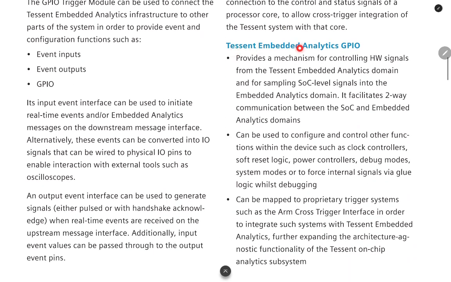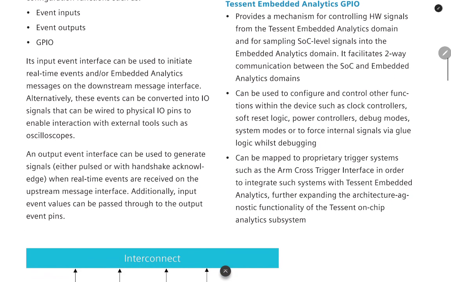The Tessent embedded analytics GPIO provides a mechanism for controlling hardware signals from the Tessent embedded analytics domain, or for sampling SoC level signals into the embedded analytics domain. It facilitates two-way communication between the SoC and embedded analytics domains. It can be used to configure and control other functions within the device such as clock controllers, soft reset logic, power controllers, debug modes, and system modes, or to force internal signals via glue logic whilst debugging.